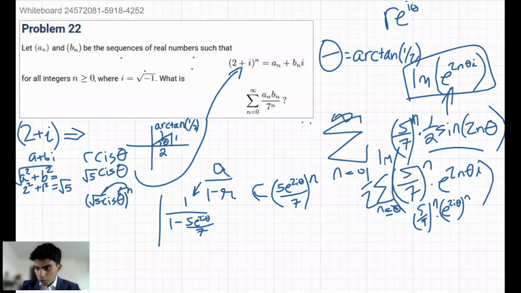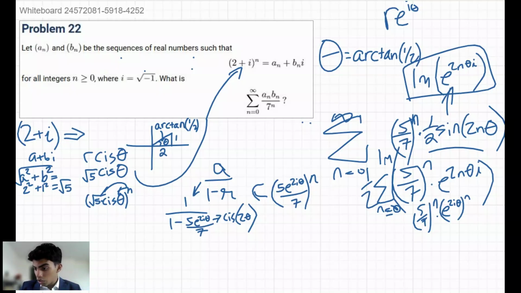Now, what can we do from here? Well, we can rewrite this expression once again, right? So this is just going to be cis of 2 theta. So now we need to figure out what this would be. Well, we know that the angle is arctan of 1/2.